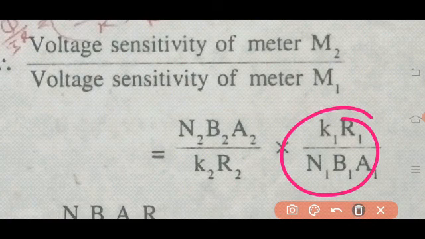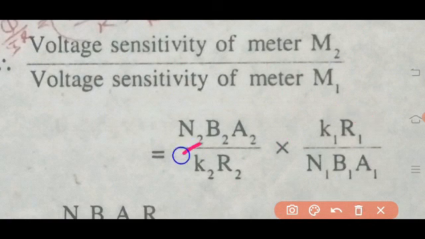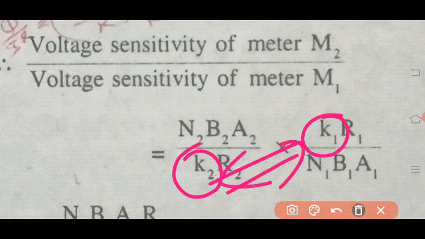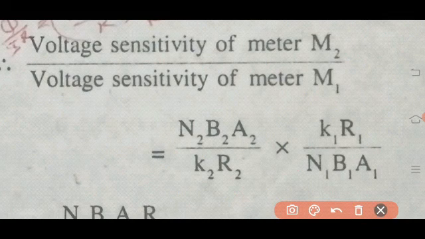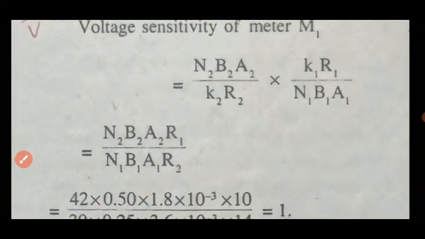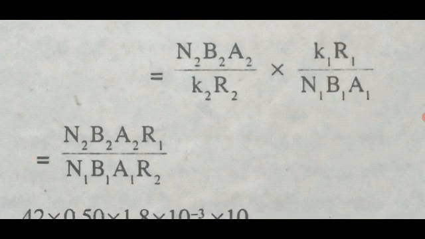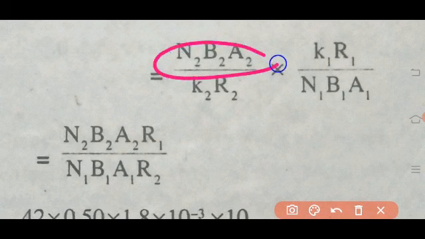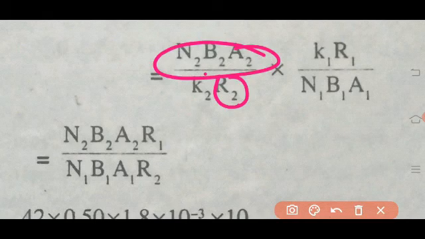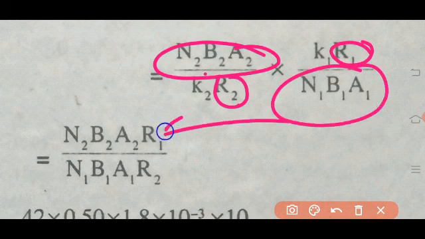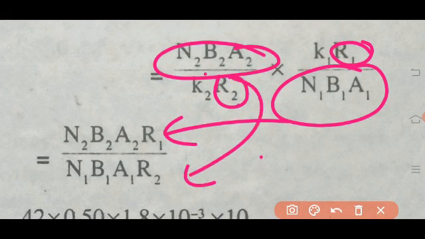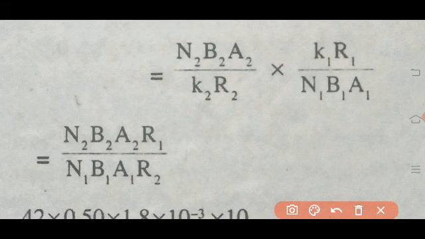Now K1 and K2 are the same, as given in the numerical problem in the question itself, so they cancel each other. Therefore your equation reduces to N2 B2 A2 by R2 and R1 by N1 B1 A1. So you will get this equation.